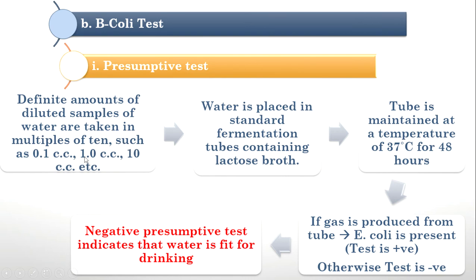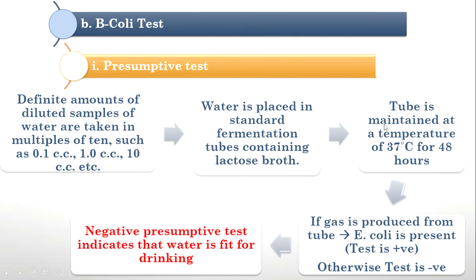We will dilute the water in different amounts of sterilized water. Now this water is placed in standard fermentation tubes containing lactose broth. It is incubated at 37 degrees Celsius for 48 hours.